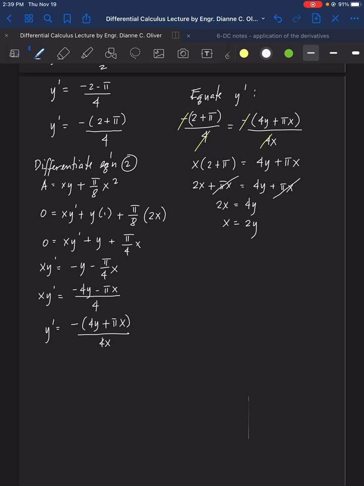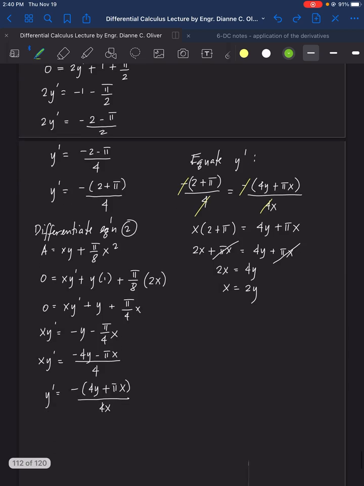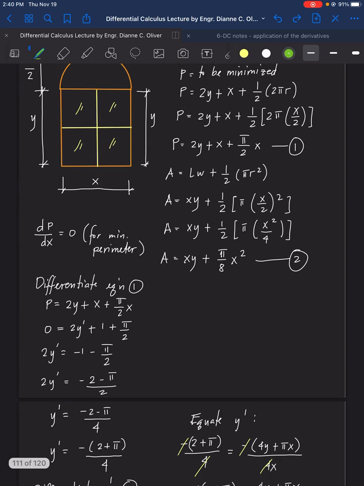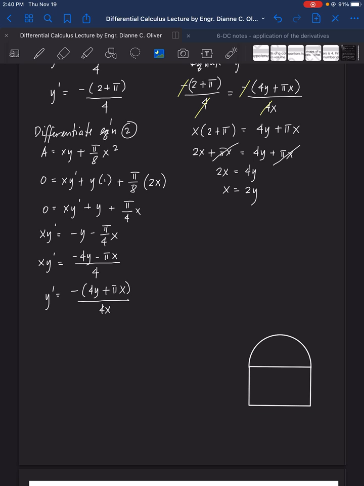So what the problem is asking is the proportion. So what's the proportion? Here y is the length, so the width is equal to twice the height. So we draw that.